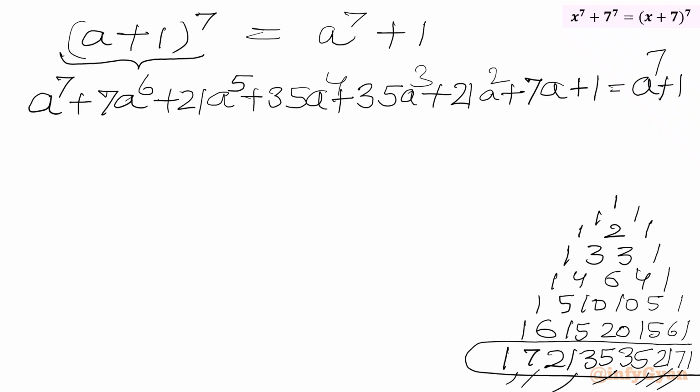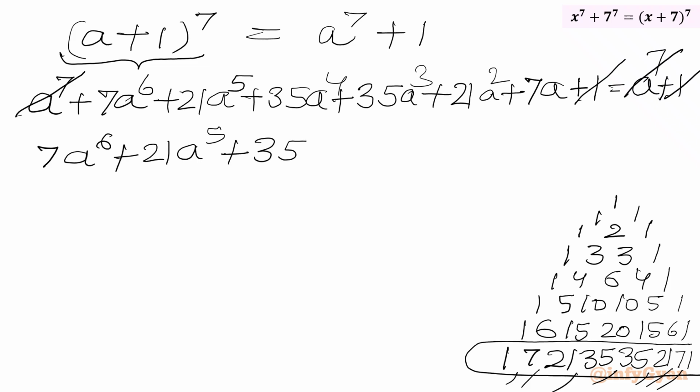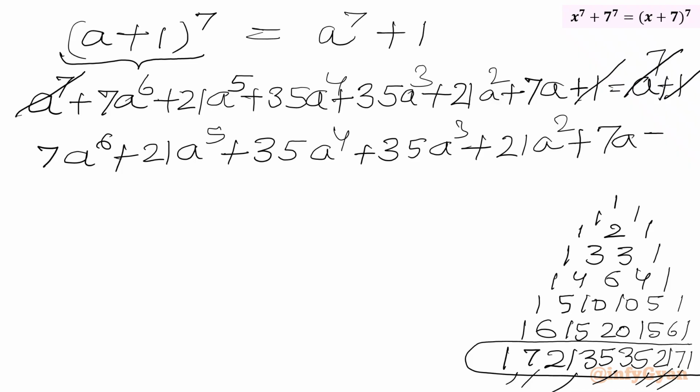Now we will subtract a^7 + 1 from both sides, so this will cancel out from both sides. We will write our equation 7a^6 + 21a^5 + 35a^4 + 35a^3 + 21a^2 + 7a = 0.